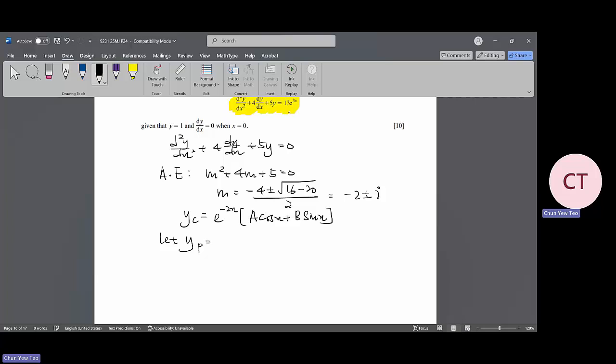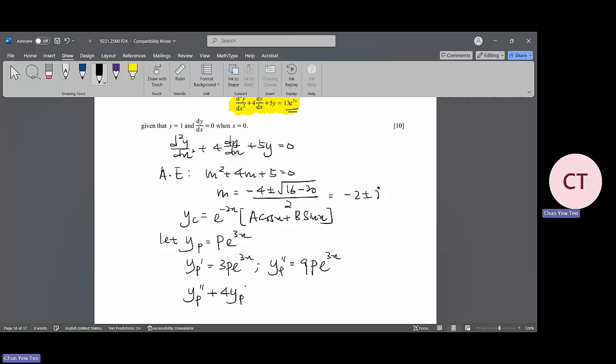Yp, your right hand side is an exponential function, so I call it B e power 3x. Then from here you will get y prime and y double prime. So you just replace them inside the differential equation.